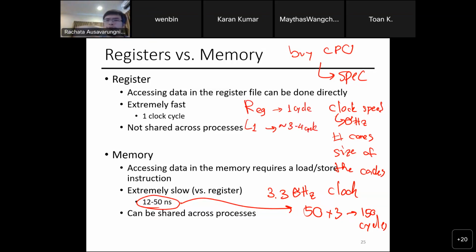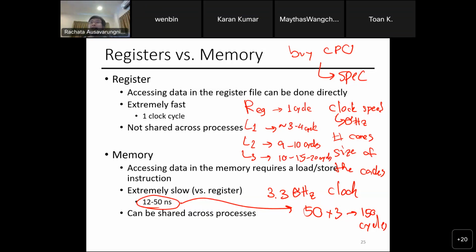For the L2 cache, it can take like 9 to 10 cycles. For the L3 cache, it can take maybe 10 to 15 to 20 cycles, right? That's better than going to DRAM, right? We all agree that that's better than going all the way to DRAM.